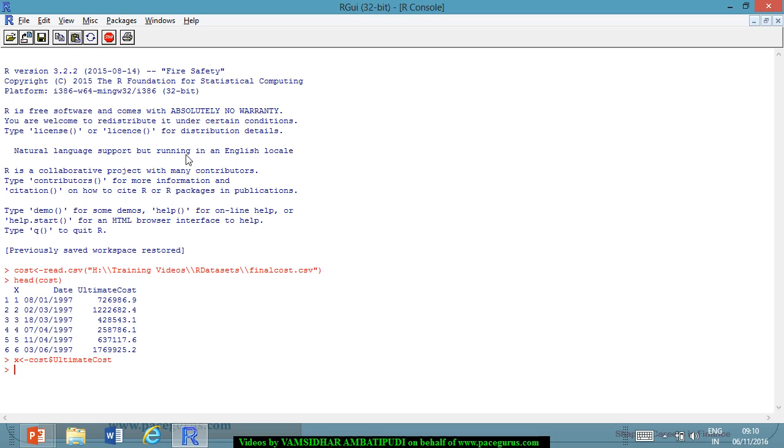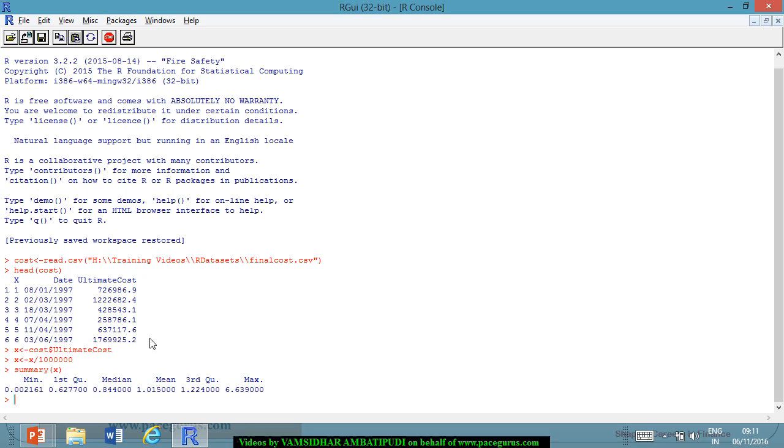First, let me simplify X. Instead of having such big numbers, let me reduce them in terms of million, so let me divide it by 1 million. If I look at the summary of X, these are small numbers to work with, fair enough.